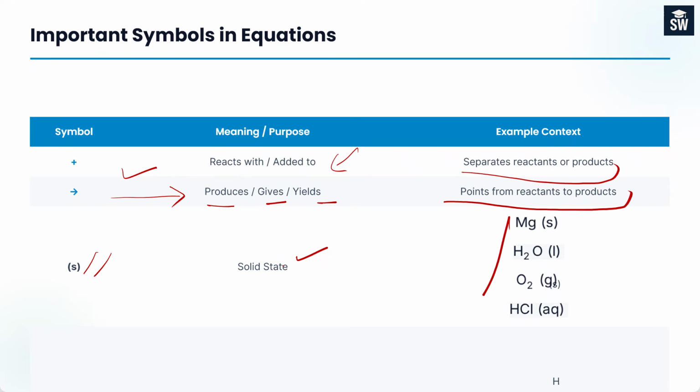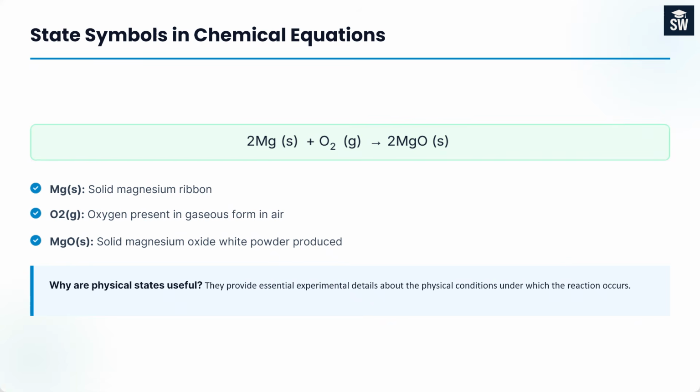Now, state symbols in chemical equations: s for solid, g for gaseous, and so on, and these are written in brackets.